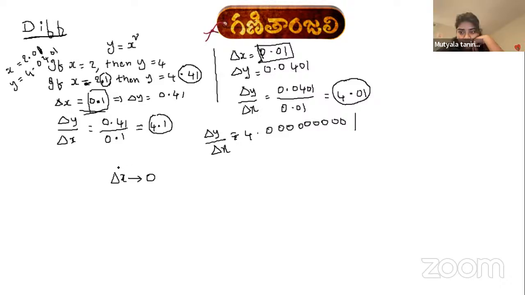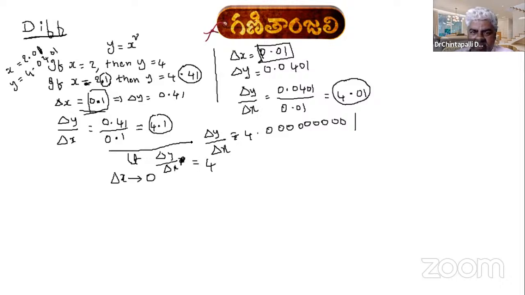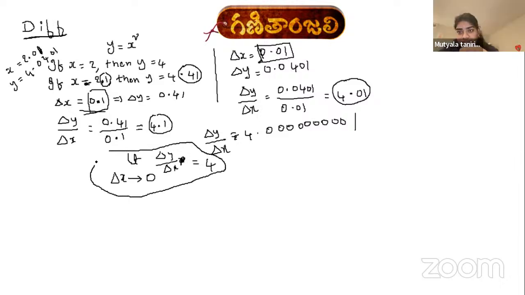Can you expect, if limit delta x tends to 0, delta y by delta x is equal to, if delta x is almost 0 but not 0, then its value is just 4. Agree? Yes, sir.